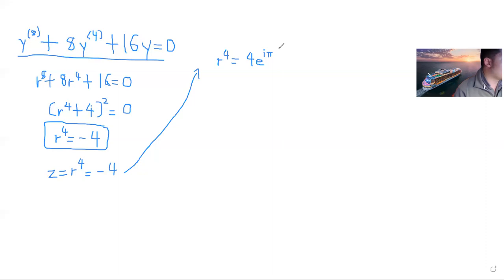So then i pi plus 2 pi i k, because any multiple of 2 pi i is going to land you back.